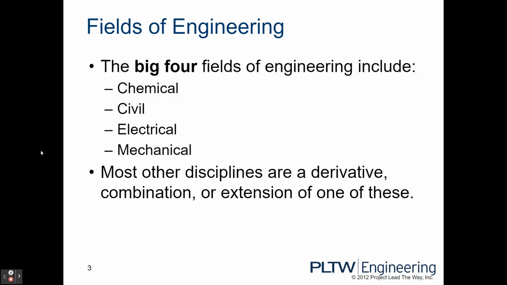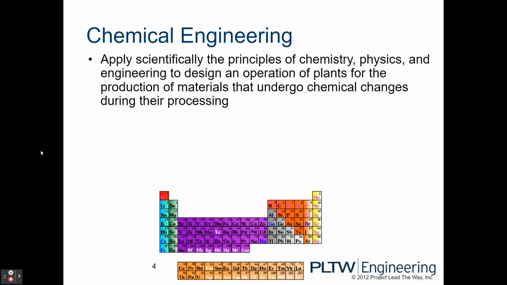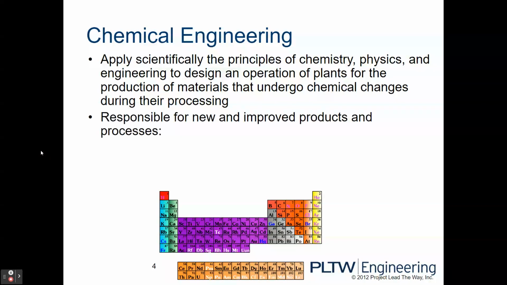And then most other disciplines are either a derivative or a combination or an extension of one of these big four main areas. All right, so just taking a look at each one of those really quickly here. Chemical engineering would be applying scientifically the principles of chemistry, physics, and engineering to the design and operation of plants for the production of materials that undergo chemical changes during their processes.